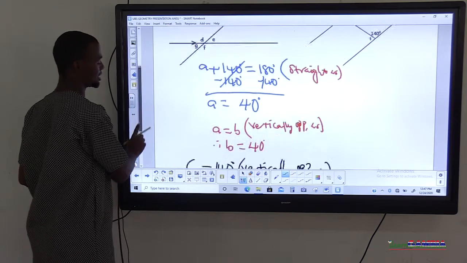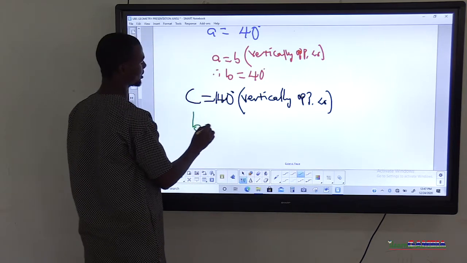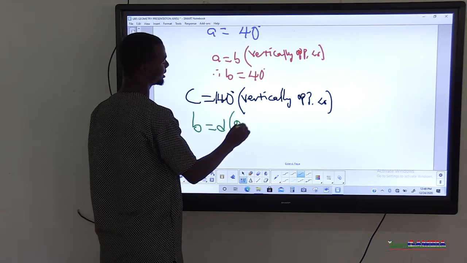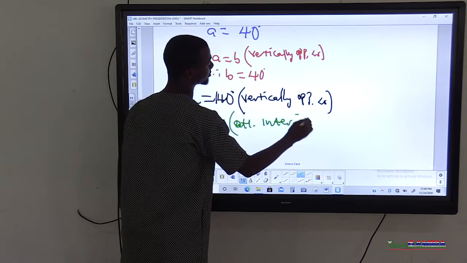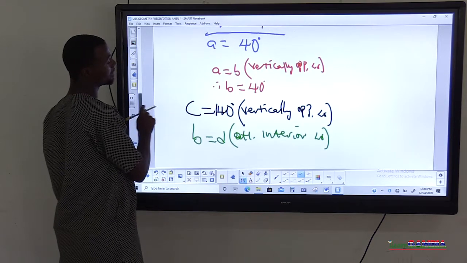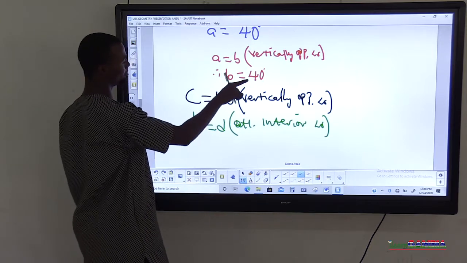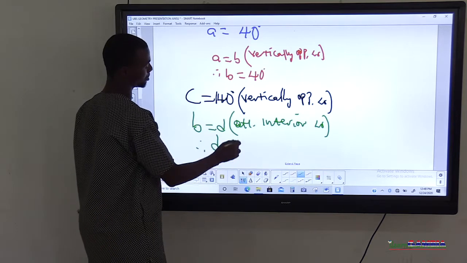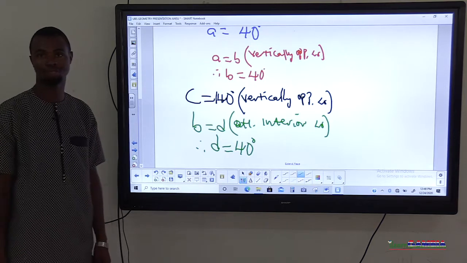So we say B is equal to D. Reason: alternate interior angles. What is the value of B? The value of B is 40, so that will make D also equal to 40 degrees.